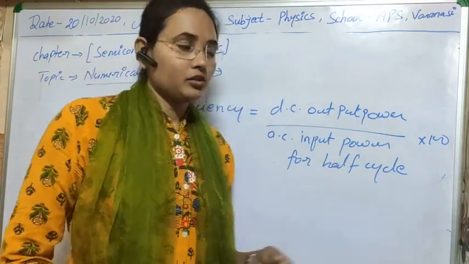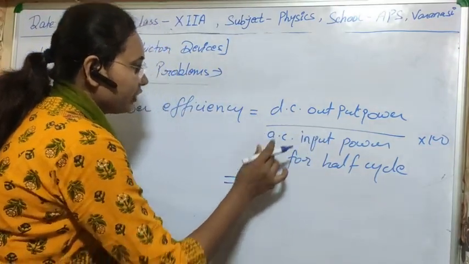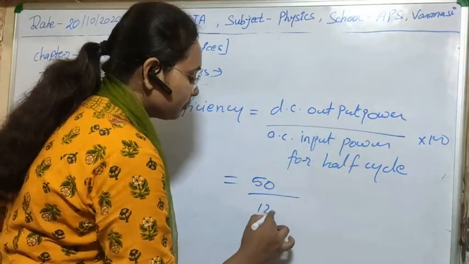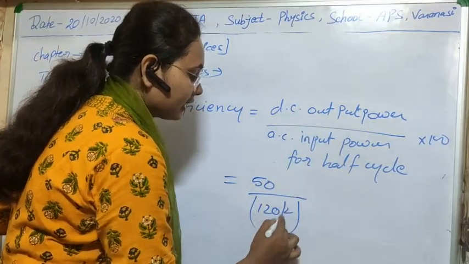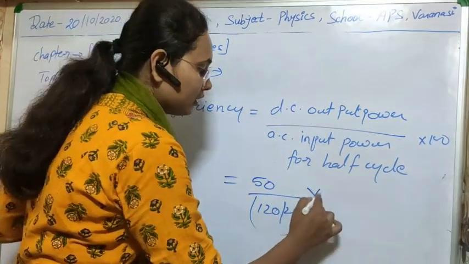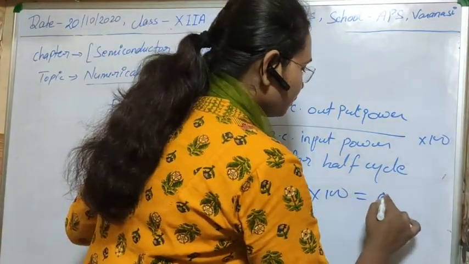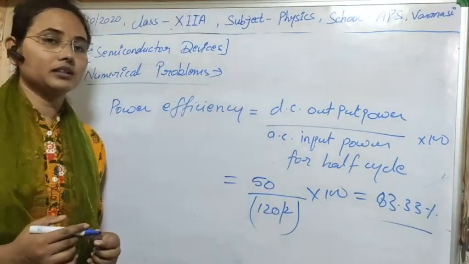So in the case of half wave, we have DC output power, that is 50 watt, and AC input power, that is 120, and for half cycle that will be 120 by 2, into 100. So I think that is clear to you. After solving this, we get the value 83.33%.